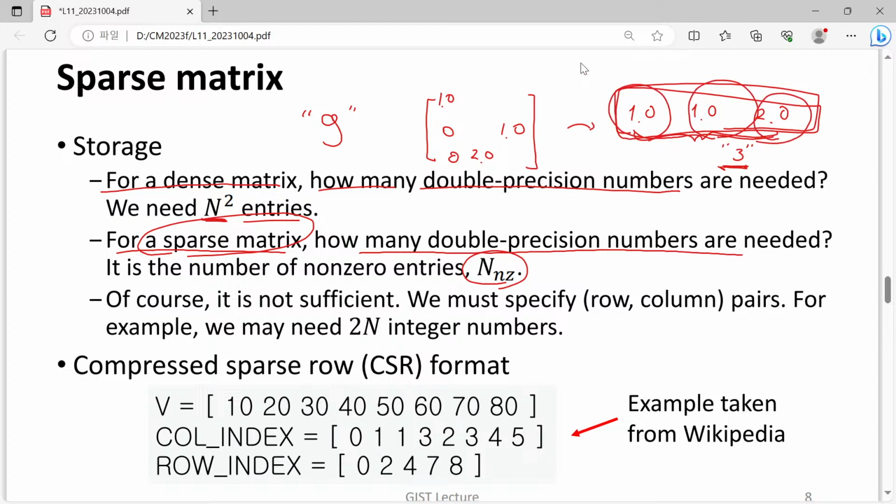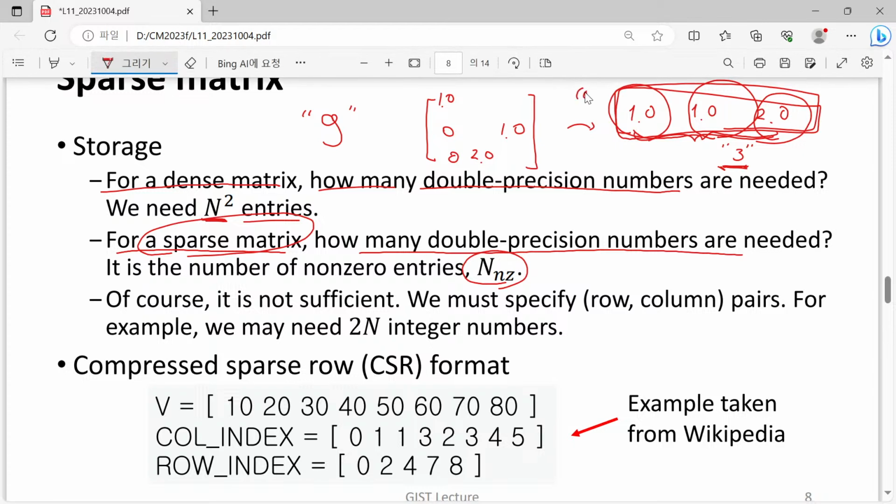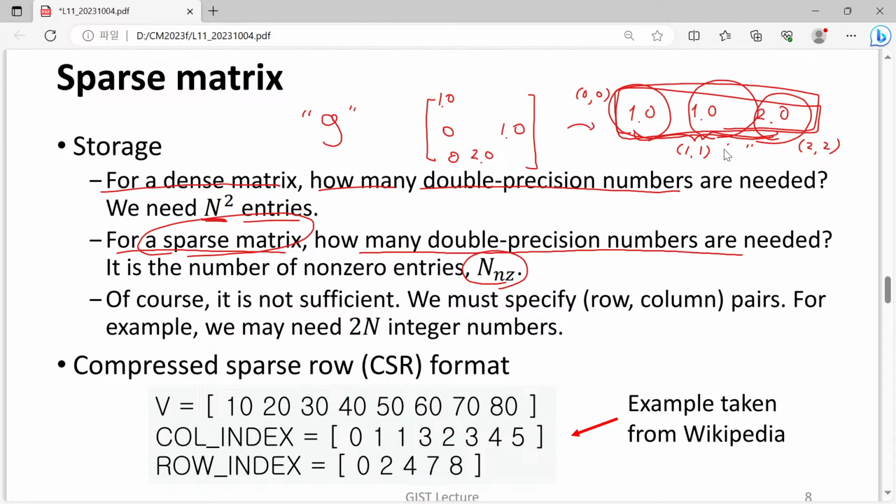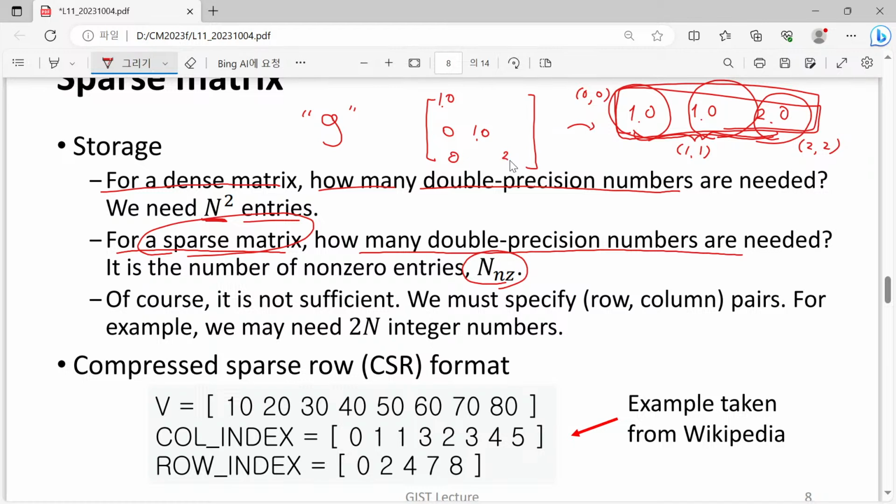So for example, let's say 0,0 and 1,1 and 2,2. Let's assume that we have augmented these coordinates to our double precision numbers. Then we can uniquely define a matrix A as 1.0, 1.0, and 2.0.